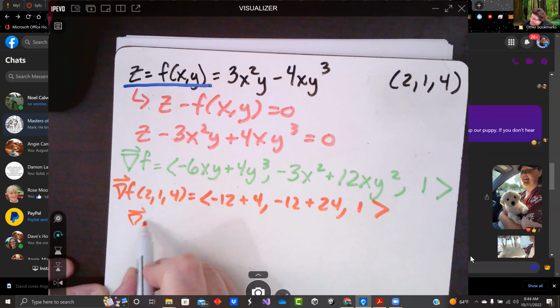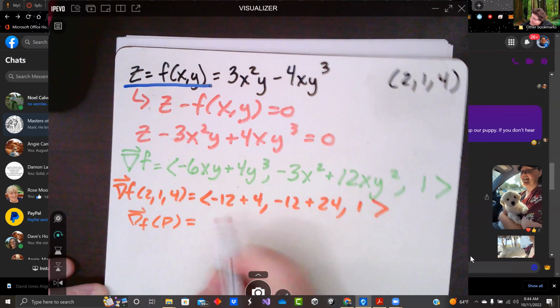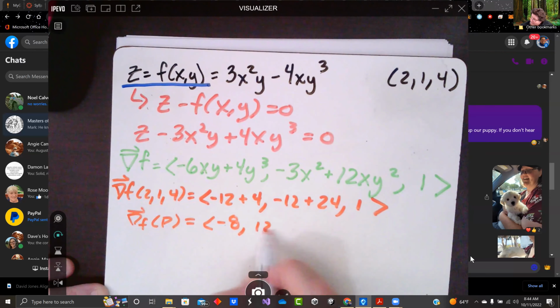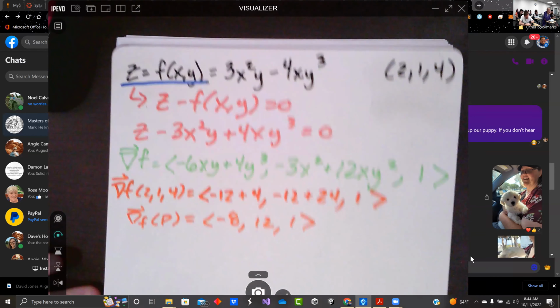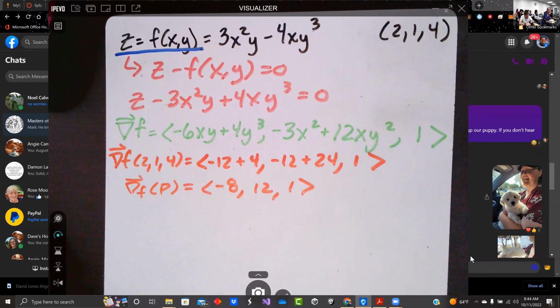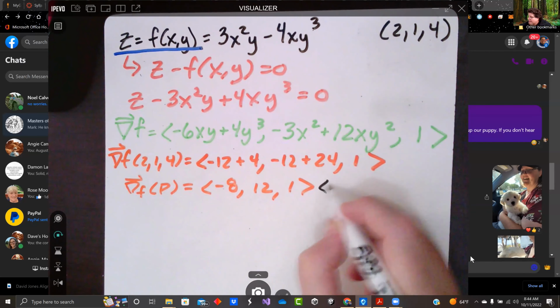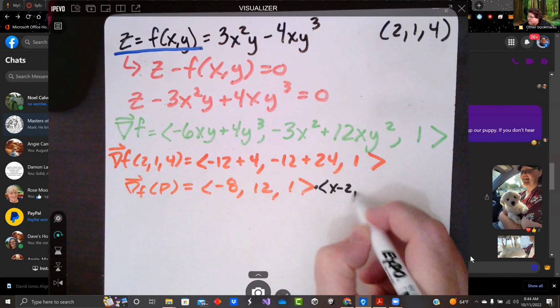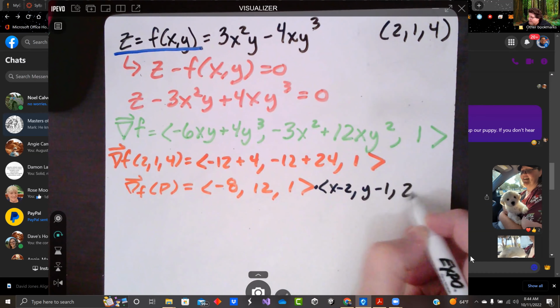So my gradient of f at p is -8, 12, and 1. And we're doing that with x minus 2, y minus 1, and z minus 4.